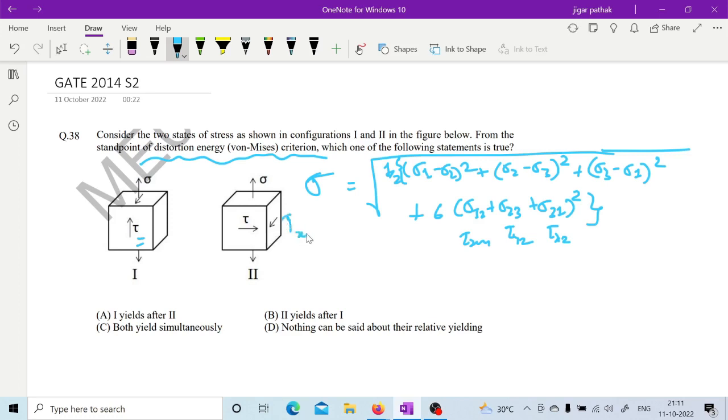So this is tau xz and you can consider this as tau zx. Similarly here you can consider this as tau yz and this as tau zy, like that.